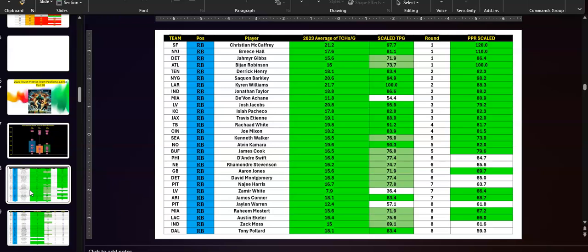I'm just giving you 2023's touch per game. Give you what the pros think, give you what the public is doing right now as far as drafts. I think some other ones here, Zamir White, Jalen Warren, those pop out at you as well.